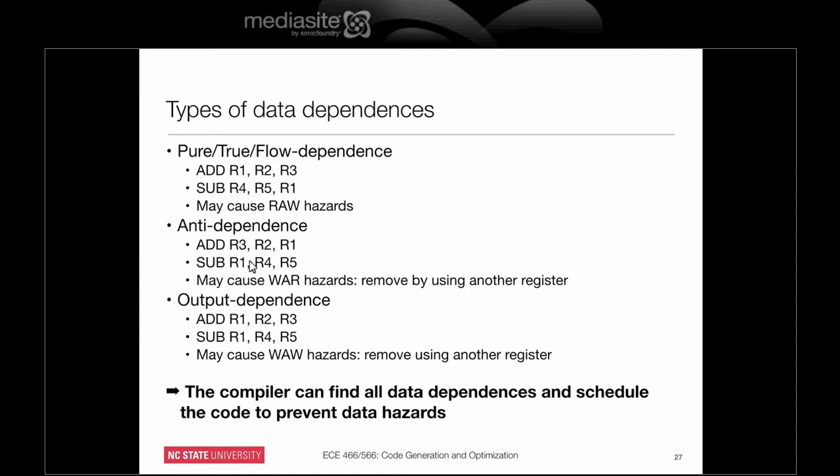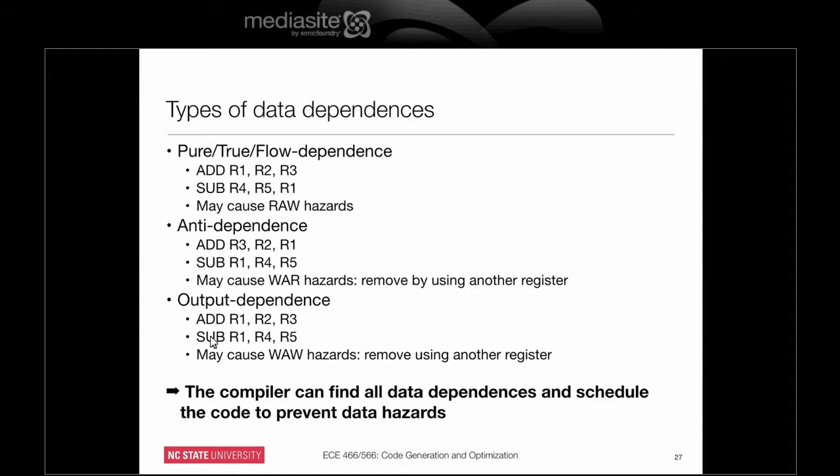This is an anti-dependence because the add needs to read R1 before subtract can write to it. And then the output dependence occurs when two instructions are writing to the same register back to back. And so it had better be the case that the later instruction is the one that actually updates the register instead of the earlier one. Right, later instructions after subtract should only see the value written by subtract and not the value written by add.